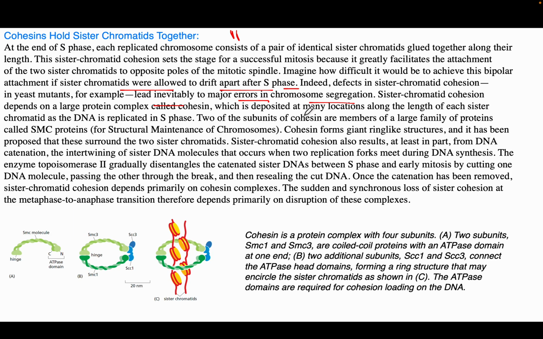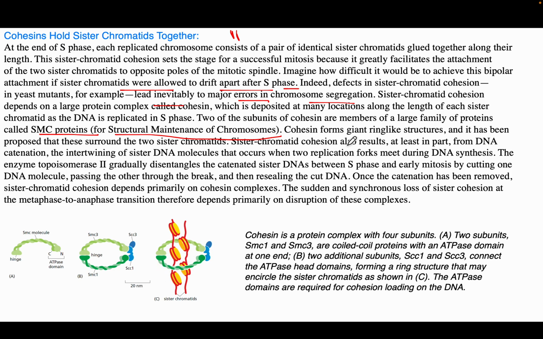Two of the subunits of cohesin are members of a large family of proteins called SMC proteins, for structural maintenance of chromosomes. Cohesin forms a giant ring-like structure, and it has been proposed that this surrounds the two sister chromatids.